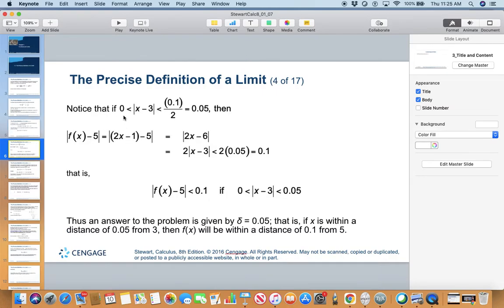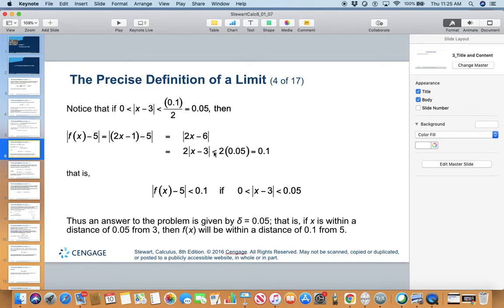Notice, 0 less than the absolute value of x minus 3 is less than 0.1 over 2. See, if you make sure that the distance is less than 0.05, then what happens here? f(x) is 2x minus 1, so the absolute value of f(x) minus 5 gives me the absolute value of 2x minus 6. You can get the 2 out: 2 times the absolute value of x minus 3.